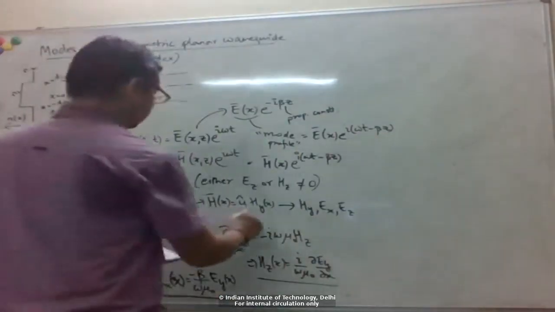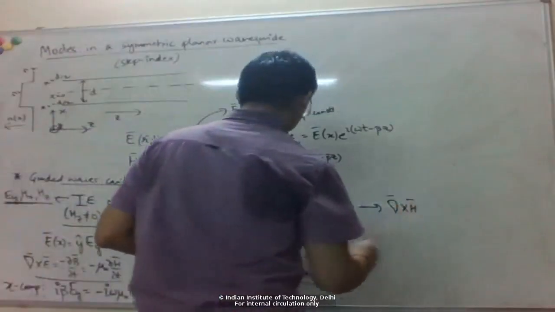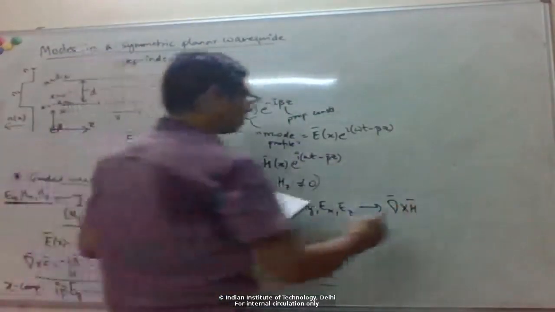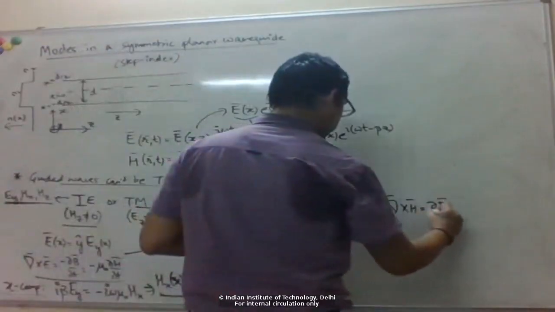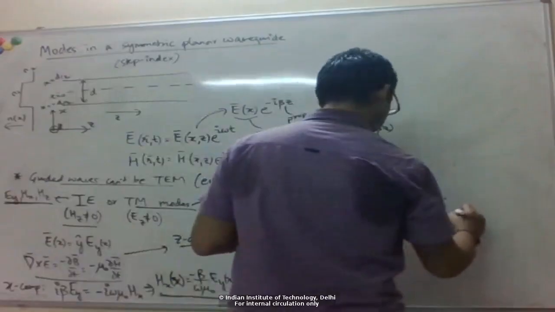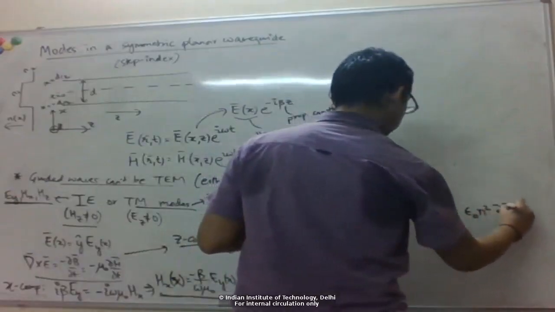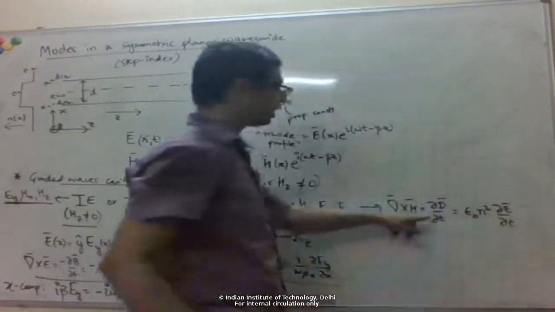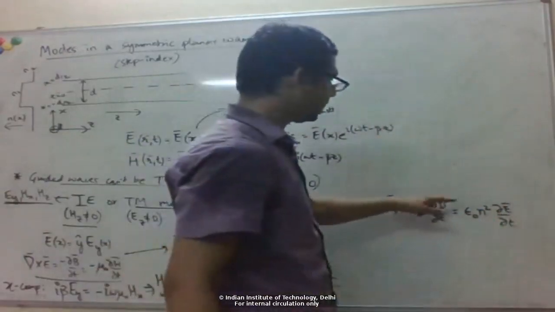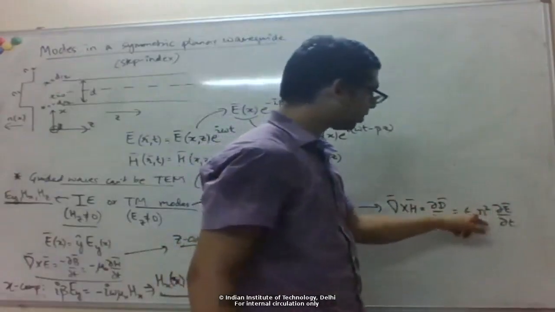Okay, so for the TM mode specifically, you have to use the other Maxwell's equation, del cross H, because we assume an H. We have del D by del t on the right hand side, which we can write as epsilon times E. Epsilon is epsilon naught times the dielectric constant, which is the square of the refractive index.